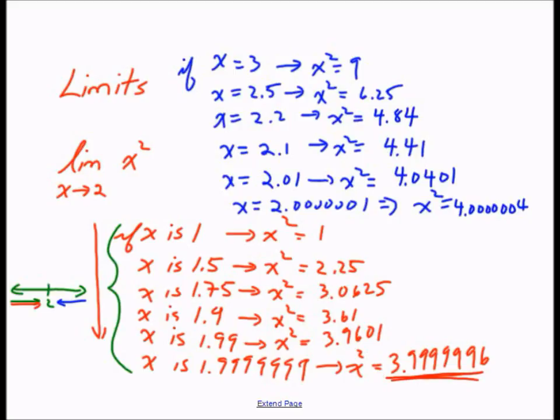As x is approaching 2 from the positive side, getting smaller and smaller, but closer to 2, then x squared, again, is getting closer and closer to the number 4. This is the basic description of a limit.